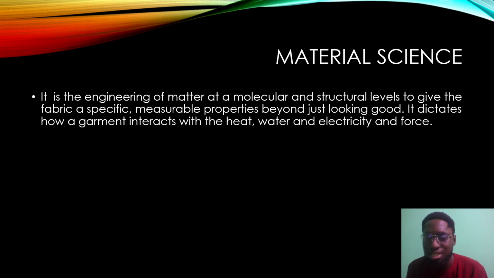Without the elasticity of it, you may have a distraction in the garment. So material science is really important in our everyday lives. In fashion and textiles, material science is really necessary because without it, we will not be able to get what we want.